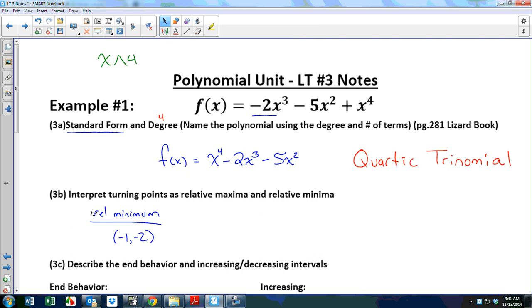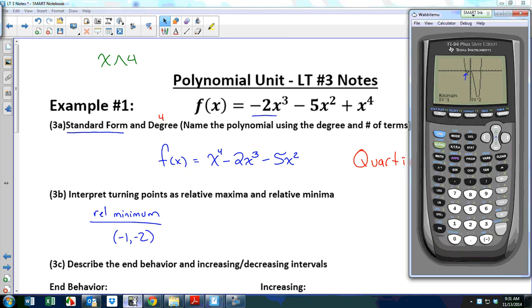All right, now we're going to go back and find the other turning points. So second count, I'm going to find the next turning point, which is a maximum. So second count, maximum. I think it's 0, 0. I mean, it sure looks like it's turning at the origin. And when I set my left bound, I need to make sure I'm left of 0, 0. So check, hit enter.